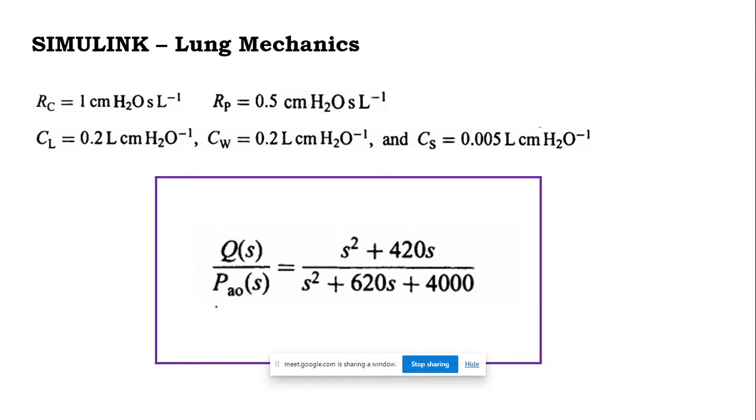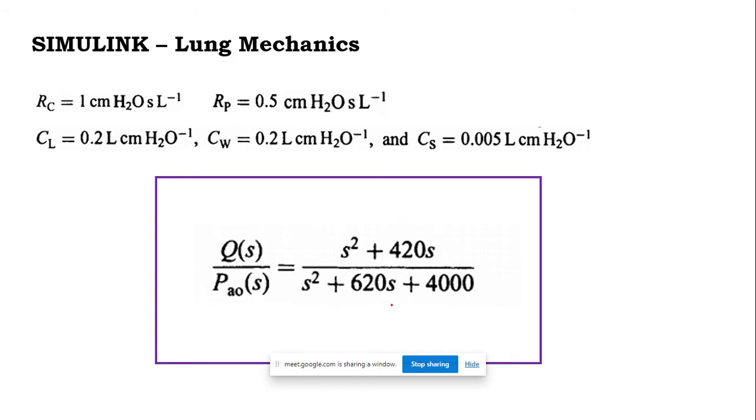If you substitute these values, Q(s) by PAO(s) is (s² + 420s + ...) divided by (s² + 620s + 4000). This is of the form we have discussed: (s² + K1·s) / (s² + K2·s + K3), so it fits this form.